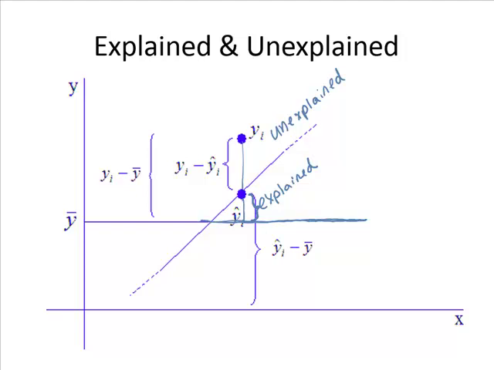So all of the error is the gap between the individual and the prediction. This right here represents all of the error. Our dot is actually up here, but we guessed down here. That difference represents the error. But how much of this gap can we take away by using that piece of information?